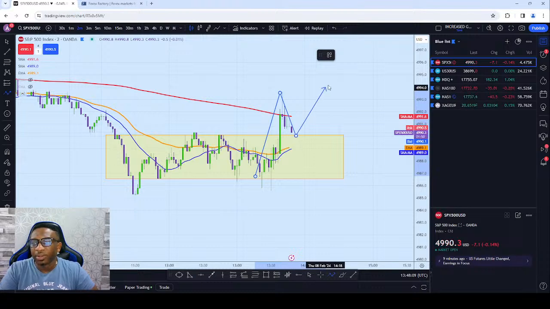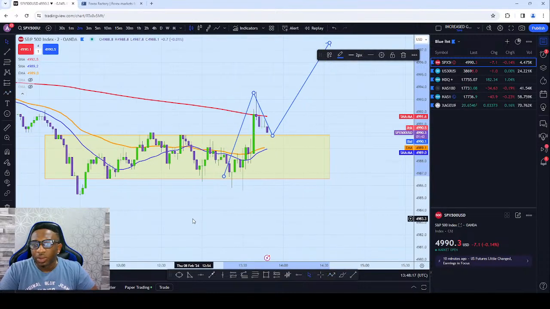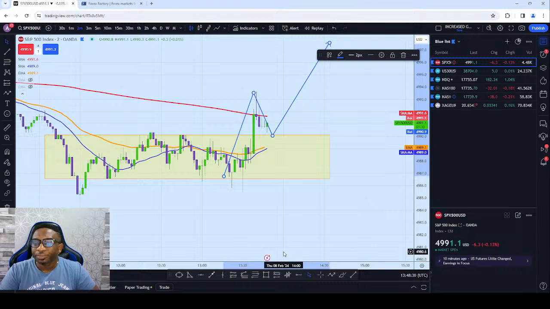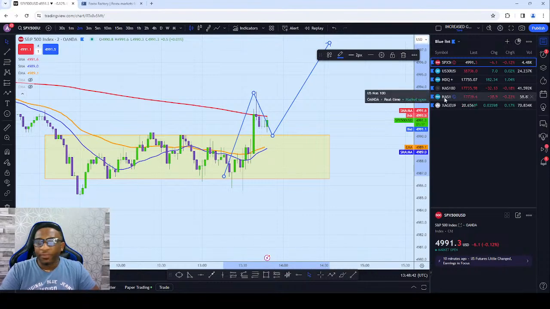Price came from this low to this high, came back to test here, then we expect something like this. So this is what we're at least expecting to happen. If this area of support does not hold, then a downward move could be in the picture, and we'll wait and see.